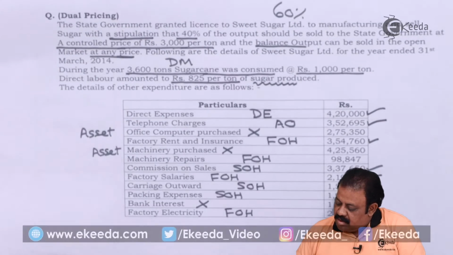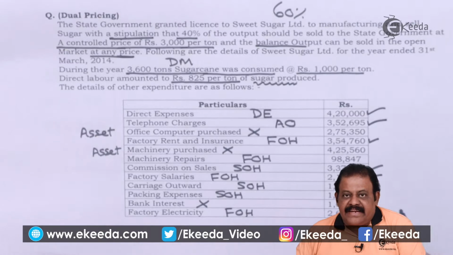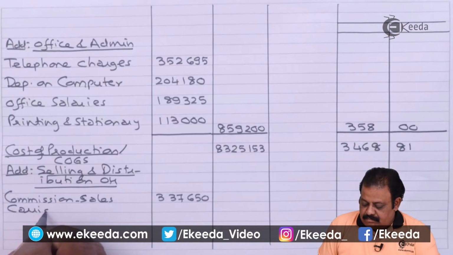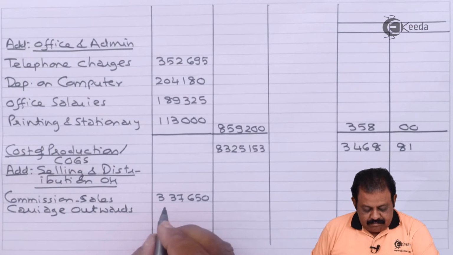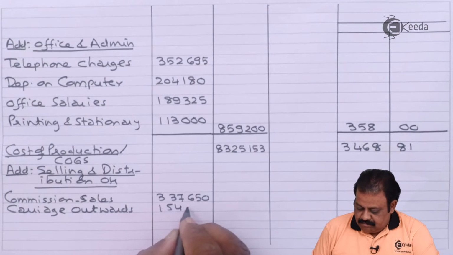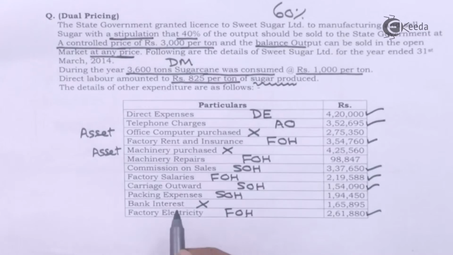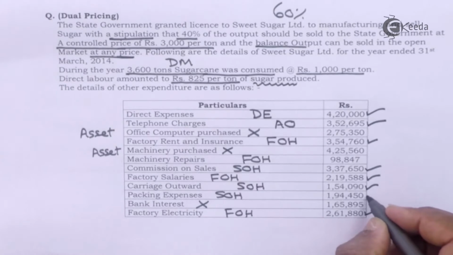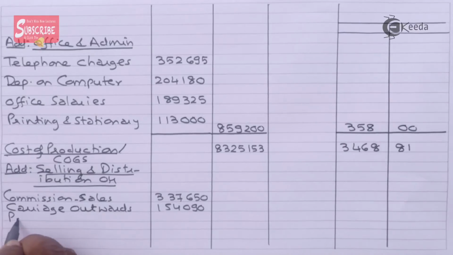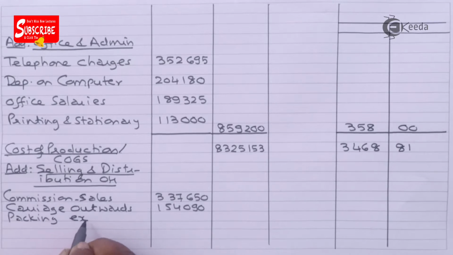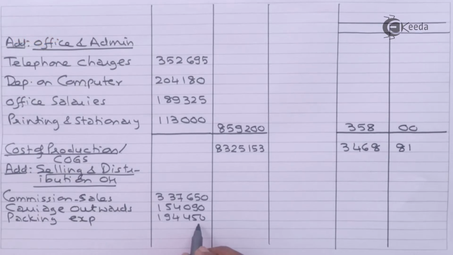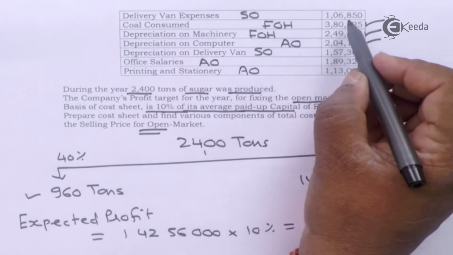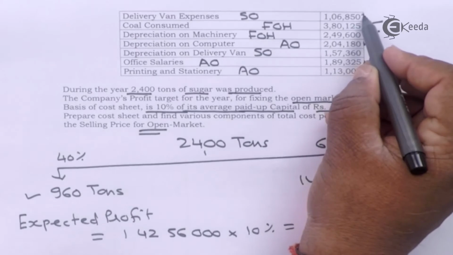Carriage outwards 1,54,090. Packing expenses 1,94,450. Delivery van expenses 1,06,850.